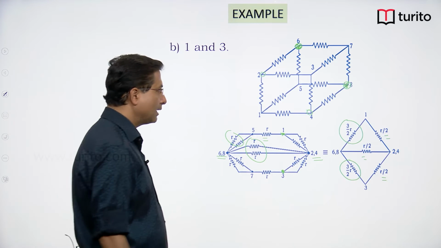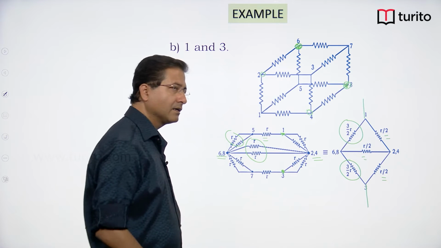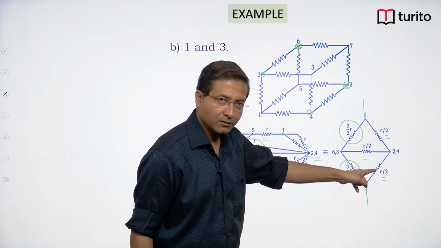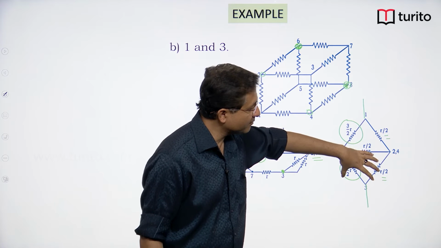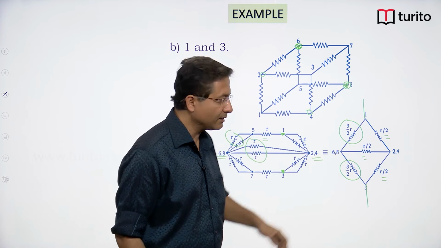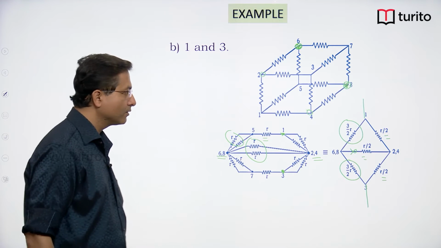Now across 1 and 3, if you want to find out, we can see Wheatstone bridge, this one upon this one is equal to this one upon this one. The ratio here is same as ratio here. If the ratio here is the same as ratio here, there won't be any flow of current through this resistor. I can remove it, okay.